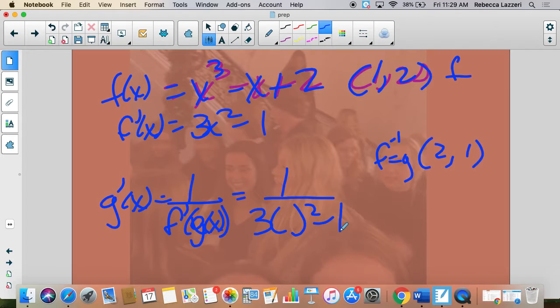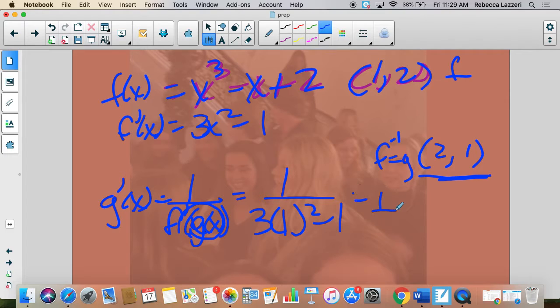I don't have it written on this board anywhere, okay? f prime of g of x, so let's work from the inside out. g of x is actually asking for the y value of the inverse. When they say g of x, you're right here, right? So g of 2 is 1. And I filled it into f prime, and I get the same answer. There's a little bit of different variable, but you get the same answer, okay?